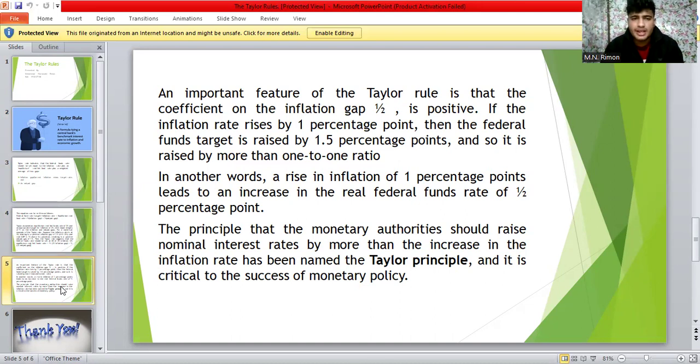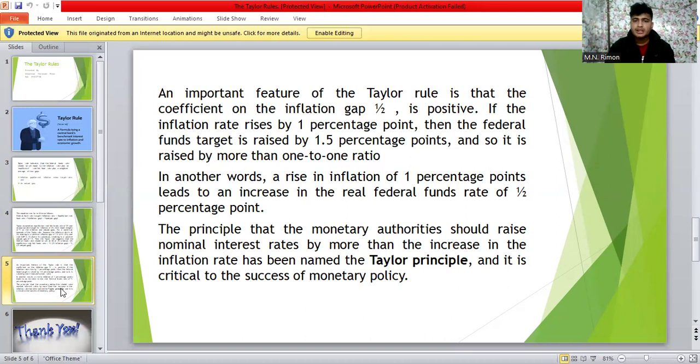And so it is raised by more than a 1-to-1 ratio. In other words, a rise in inflation of 1% leads to an increase in the real federal funds rate of 0.5%.